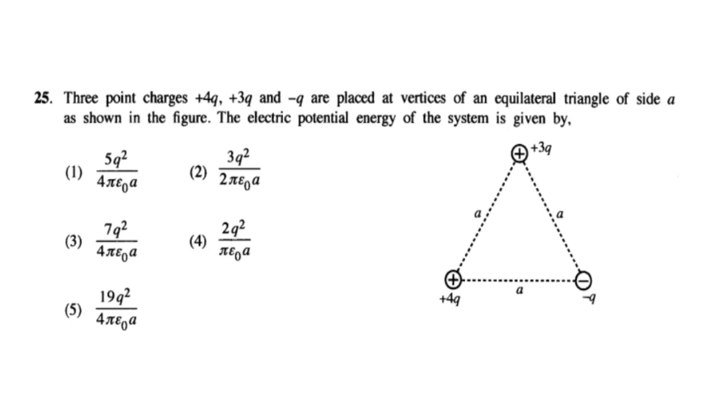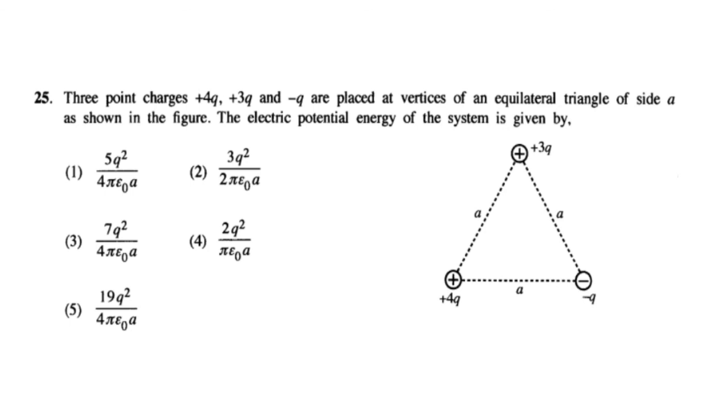And the electrical potential energy due to 4Q and minus Q is 4Q into minus Q divided by 4 pi epsilon naught A, which is equal to minus 4Q squared over 4 pi epsilon naught A. And then the potential energy due to plus 3Q and minus Q is equal to minus 3Q squared over 4 pi epsilon naught A. And the combined potential energy can be found by adding all these three values.